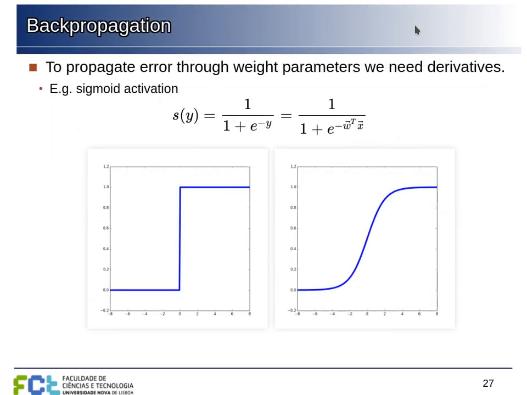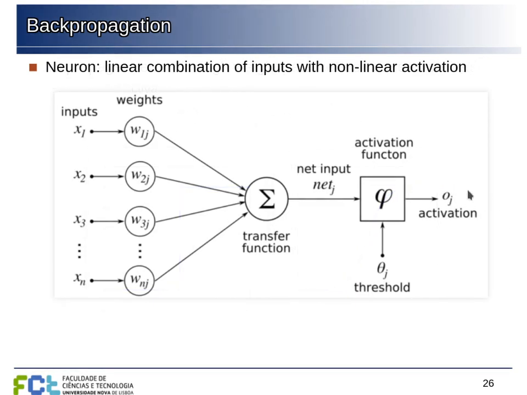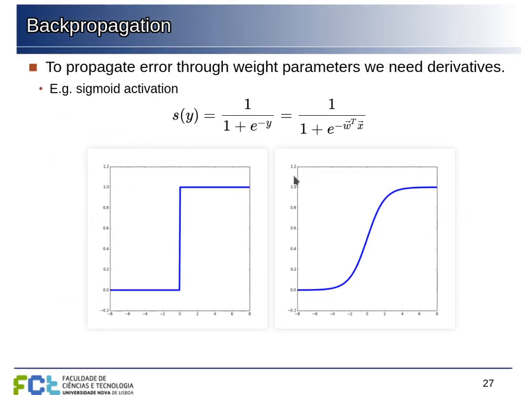One thing that we need to do this backpropagation is to compute the derivative of the error function that we are measuring between the output and the target with respect to each of the parameters that we want to change, so that we know in which direction, up or down, the error will go as we change each weight up or down, and the proportion between the changes of the weight and the change in the error function. And to do that, we cannot use threshold functions like this, like we had in the perceptron. We need functions that have continuous derivatives.